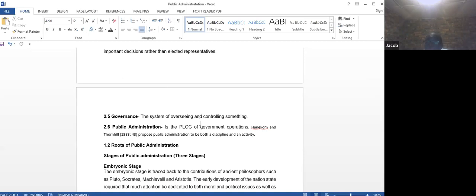So public administration is said to have 3 stages. The first one is called the embryonic stage. The embryonic stage was traced back to philosophers. It mainly focused on the security of the state and did not focus much on the requirements of the public.